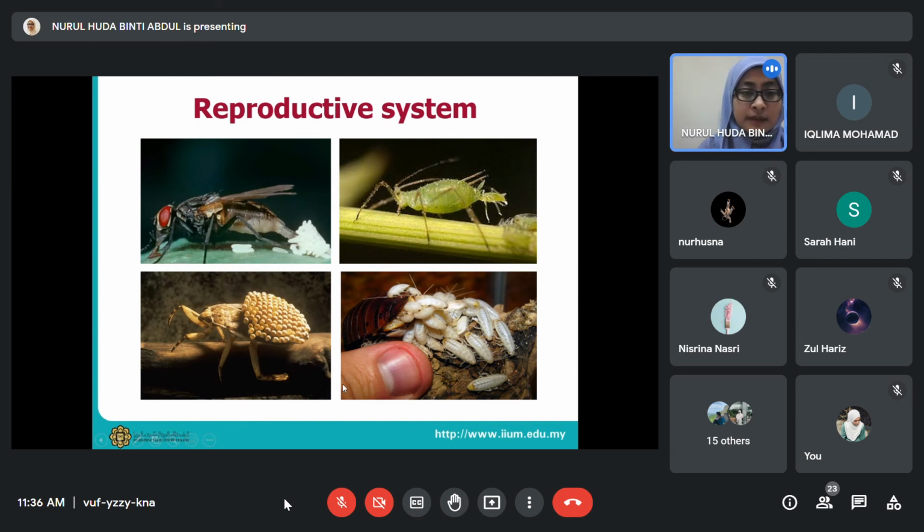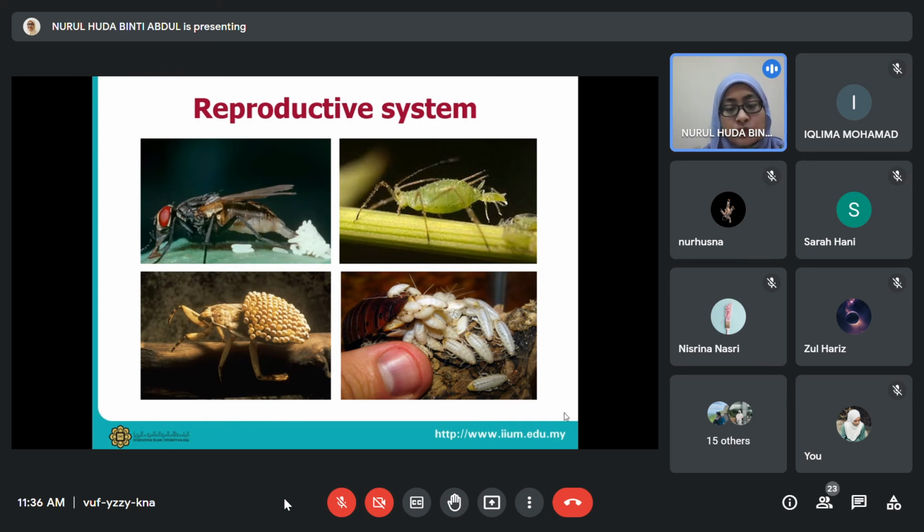Okay, ni adalah picture of male carrying the eggs on their body, and this is the parthenogenesis shown by certain insect. In this picture is actually land cockroaches ataupun soil cockroaches.